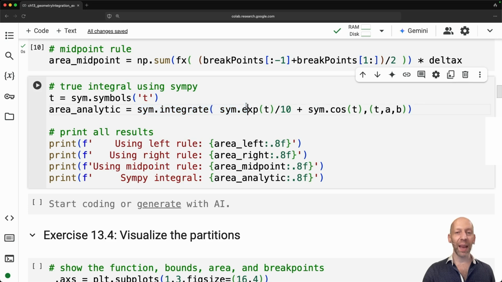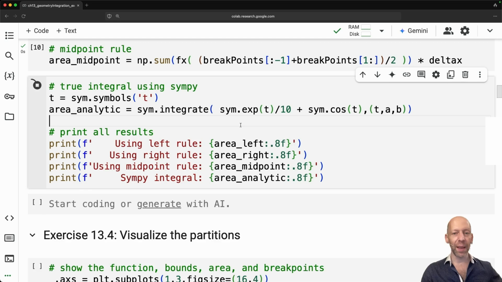If you wrote this as a separate variable, that's totally fine. So we integrate this. Here I'm using a symbolic variable t, just to avoid overwriting variable x. And then I specify as a tuple for the second input of sym.integrate the variable that we are integrating over, and then the lower bound and the upper bound for integration.